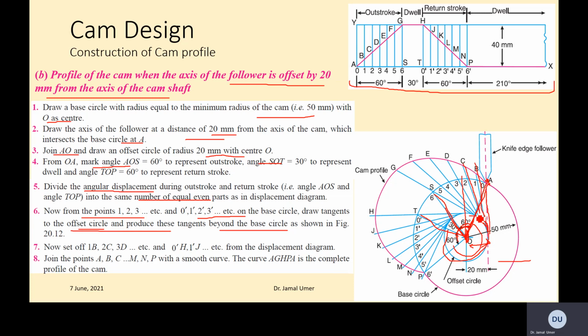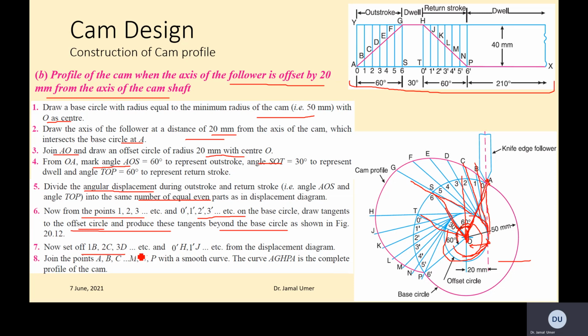So these are tangents, and they're going beyond the base circle. So you see these lines. This is also a little different from the previous example. This is more like a tangent from the offset circle. So this is the offset circle, and then you extend that beyond the base circle.